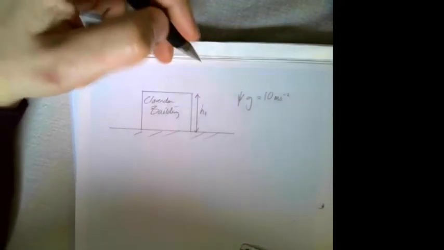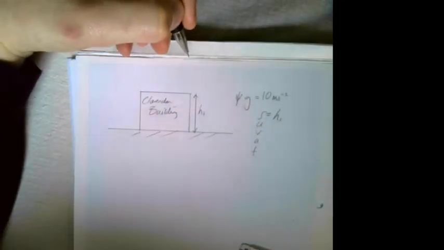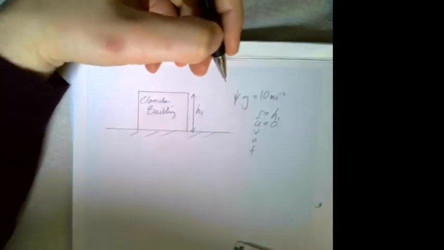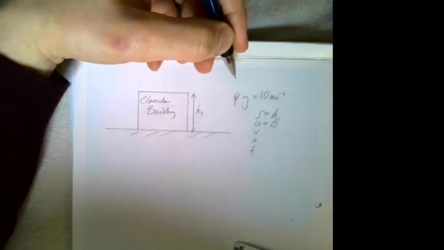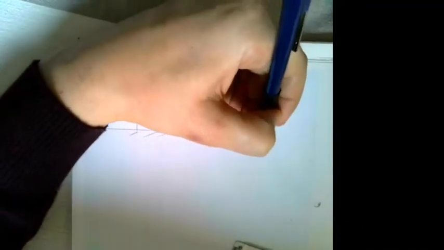And it's a constant acceleration, and so we should probably write out our SUVAT, shouldn't we? So SUVAT, what can I say? Well, S is the h1 that I'm ultimately trying to express. U, it's just been dropped, so we can simplify that, it's got no initial velocity, so U is equal to 0. V, we don't know.